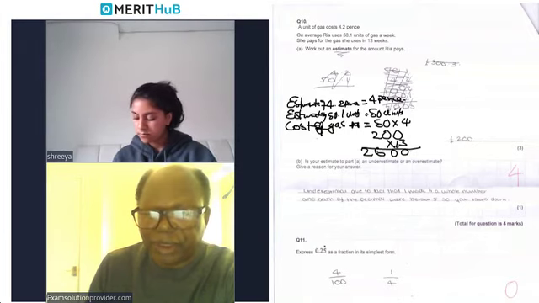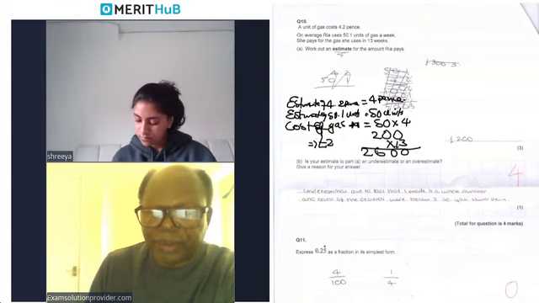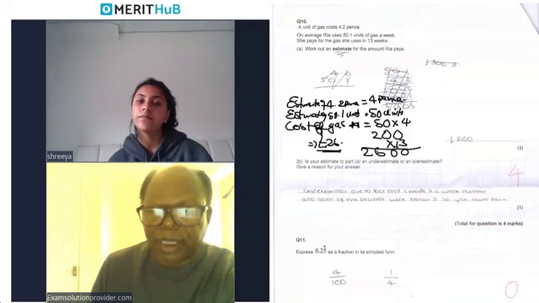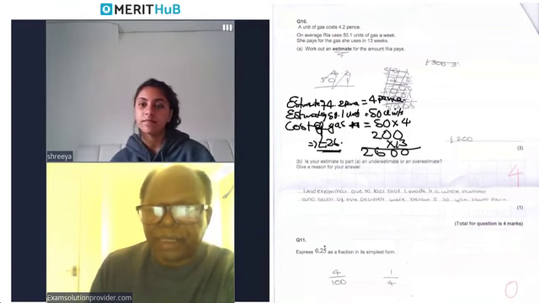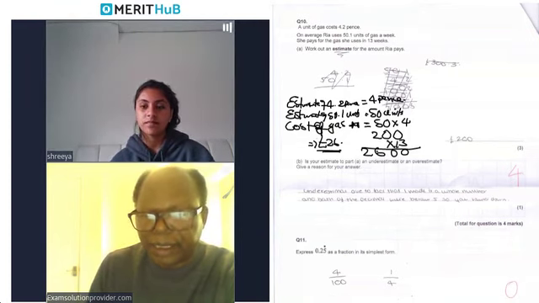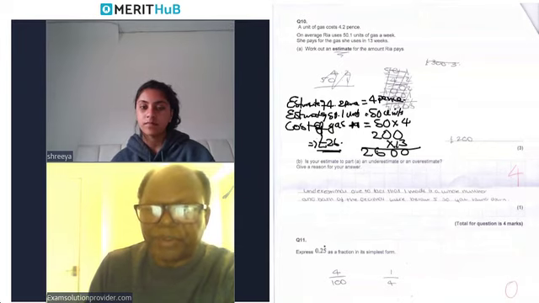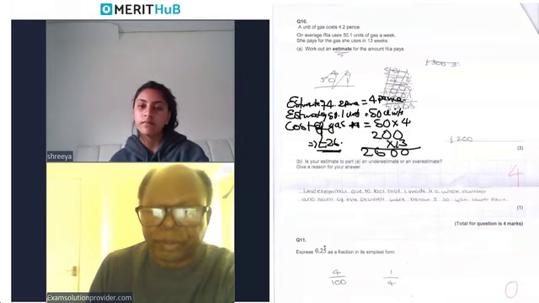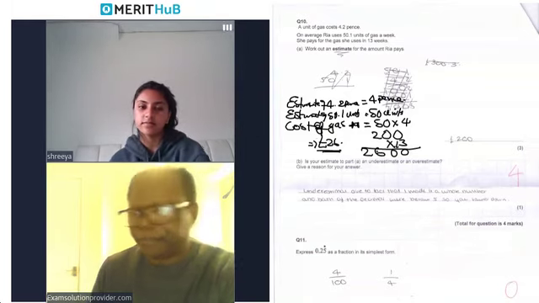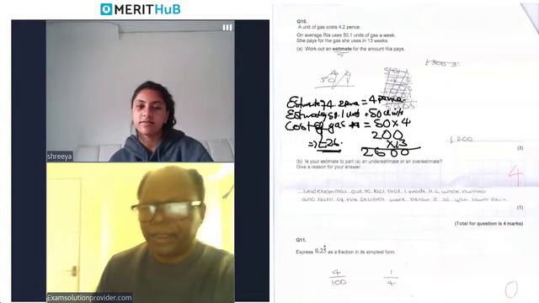So you're going to pay 26 pounds. Now, is this an underestimate or overestimate? It's an underestimate because you removed the 0.1 and the 0.2. Easy peasy.